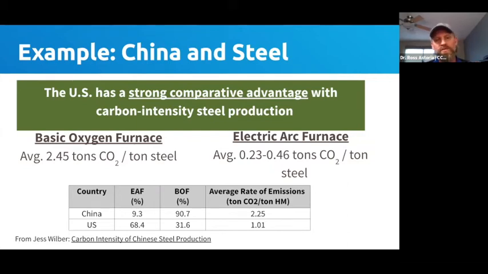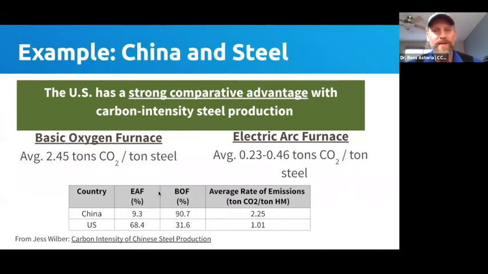America's carbon advantage with respect to steel produced in China is based upon the proportion of manufacturing that is EAF versus BOF. You can see that in the statistic. We just have a lot of EAF manufacturing right now.